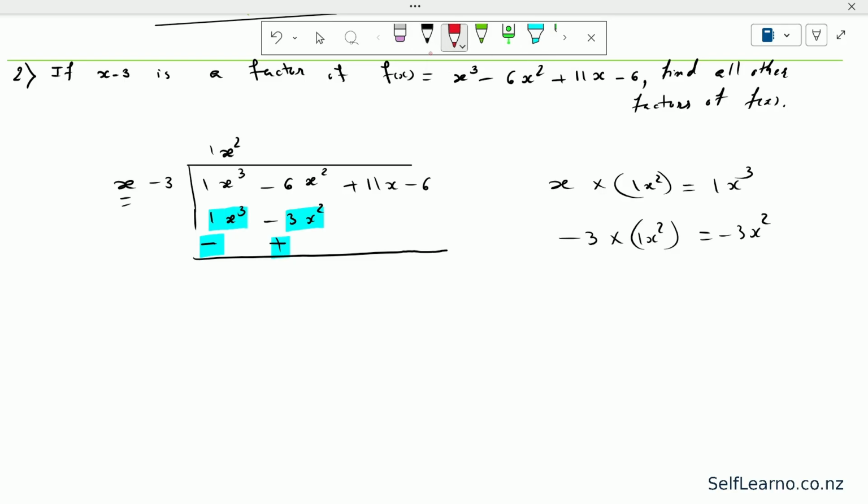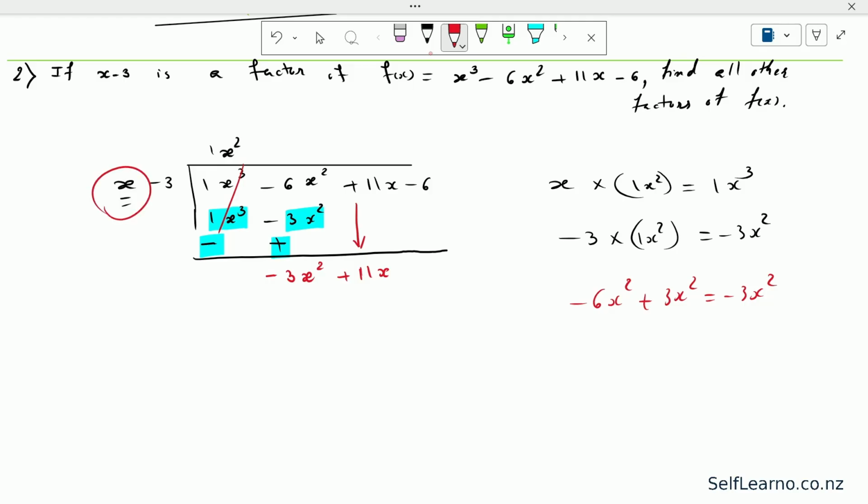So plus 1x cube minus 1x cube cancel each other. Here we have negative 6x square, positive 3x square. So basically I get negative 3x square. Bring this 11x down. So that is plus 11x.